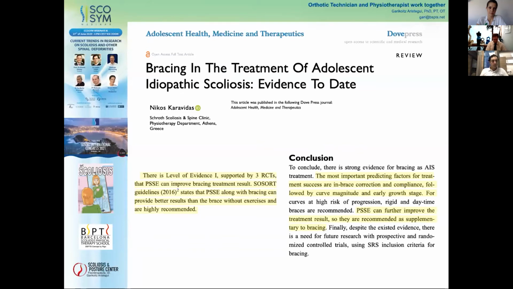The most important predictive factors for treatment success are in-brace correction and compliance, followed by curve magnitude and early growth state. And it's very important that physiotherapy scoliosis-specific exercises can further improve the treatment result, both going together.